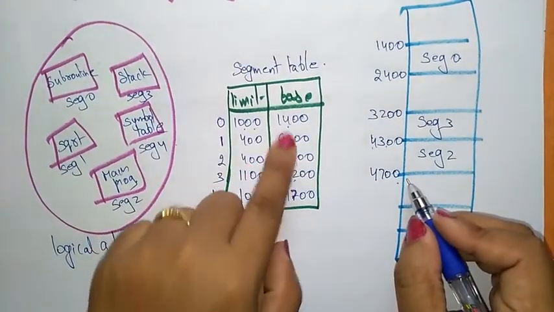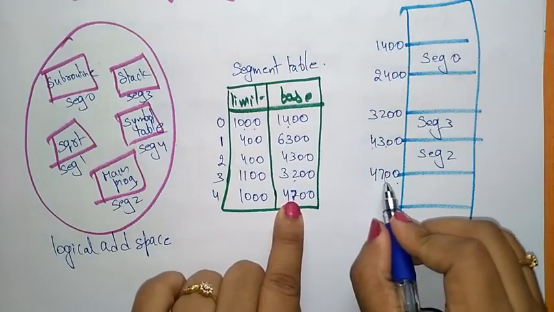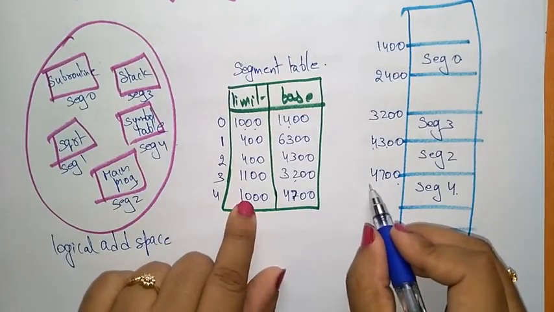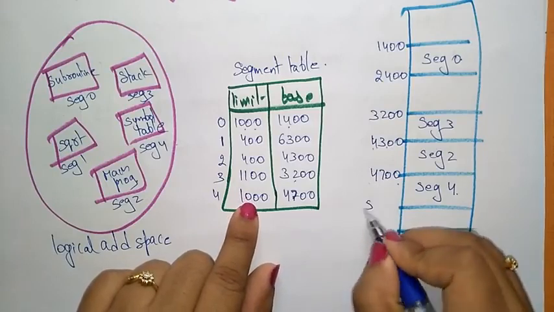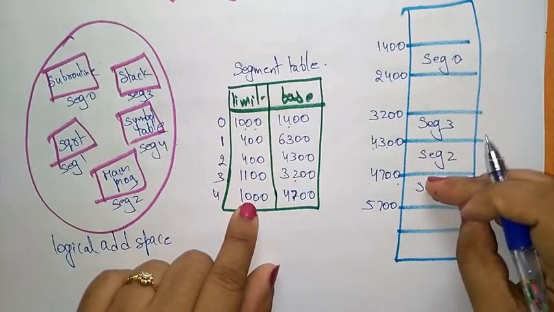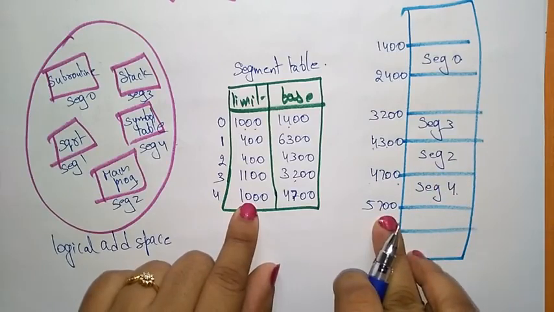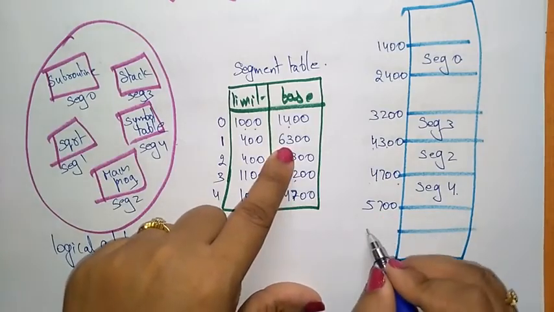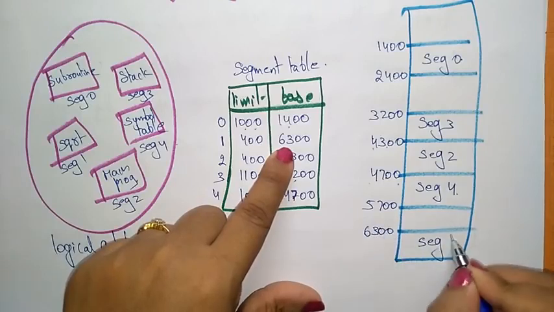Next is 4700, so just add segment 4. The size of segment 4 is 1000, so just add 1000 to this. The starting address is 4700 and the ending of that segment is 5700. Next is 6300, and this is segment 1.